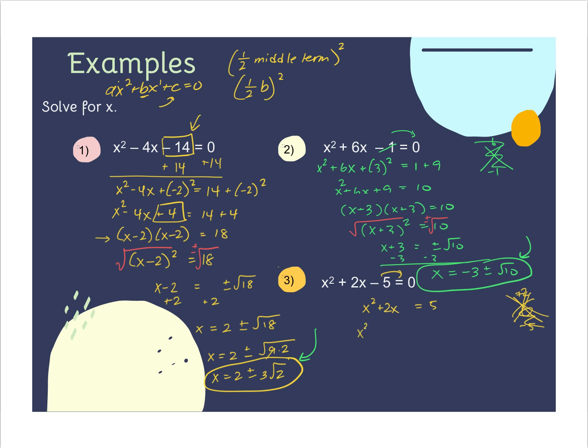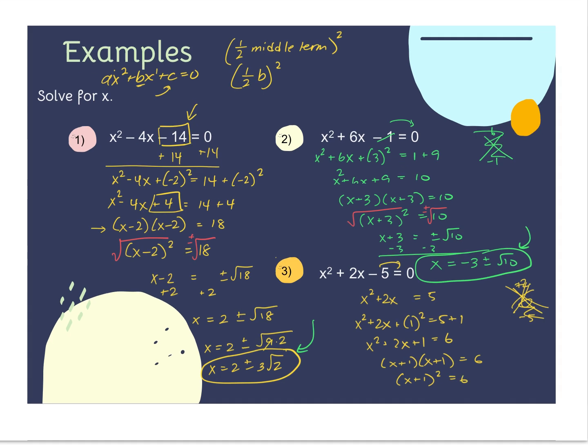Then I'm going to take half of 2x, which is 1, and I'm going to square it. Equals 5 plus 1. And then I'll rewrite it: x squared plus 2x plus 1 equals 6. And I know that this is x plus 1 times x plus 1 equals 6. So it's x plus 1 squared equals 6.